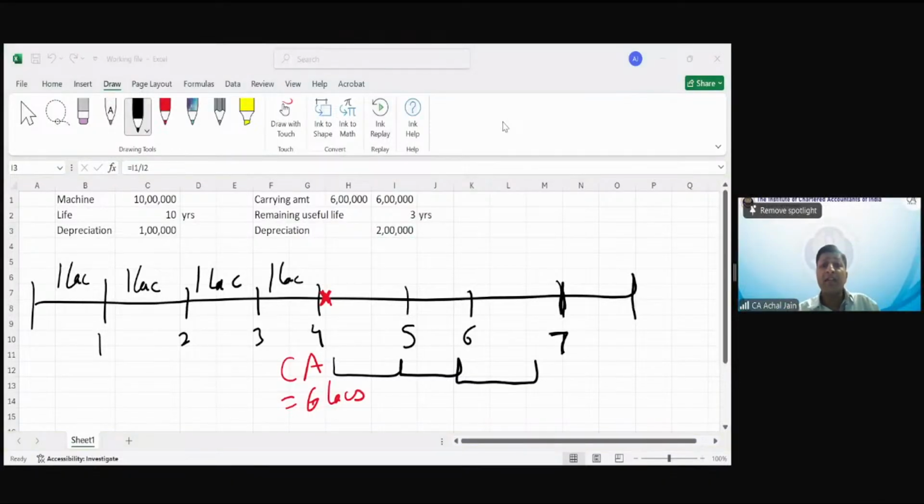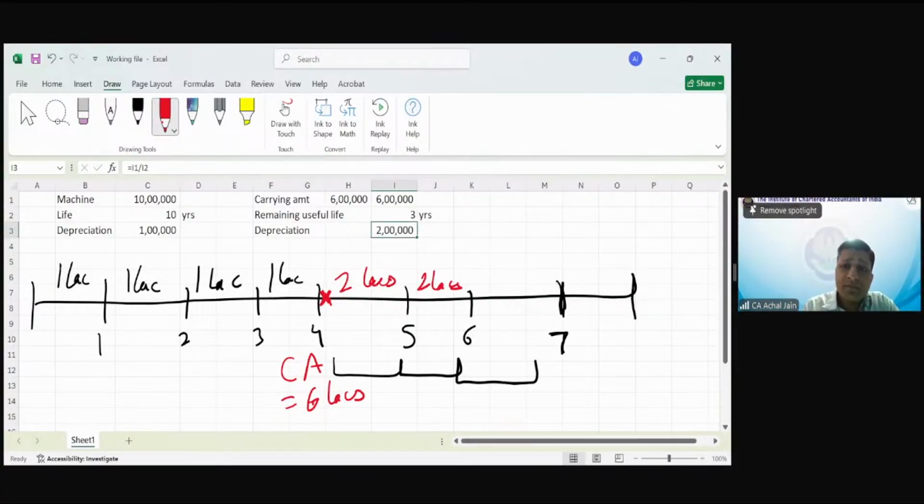So year on year, the depreciation will be 2 lakhs. This is what you call accounting on a prospective basis. Whenever there is any change in estimate, you record it prospectively.